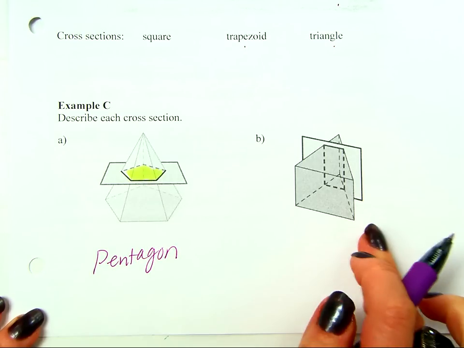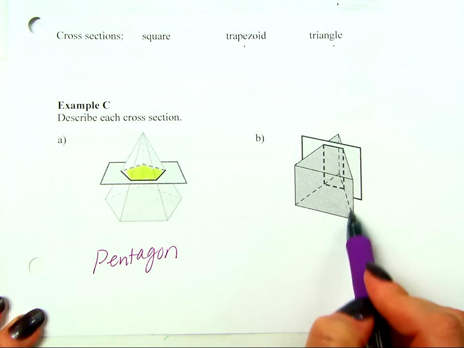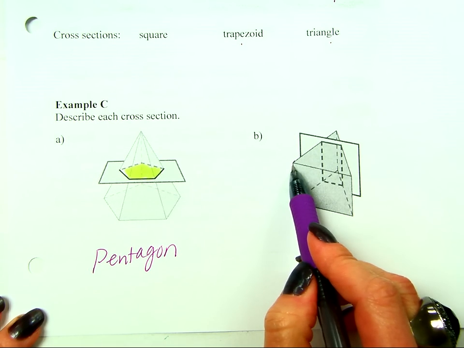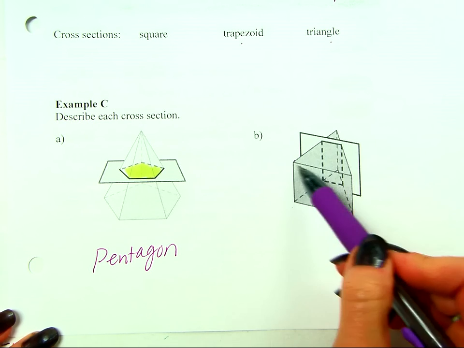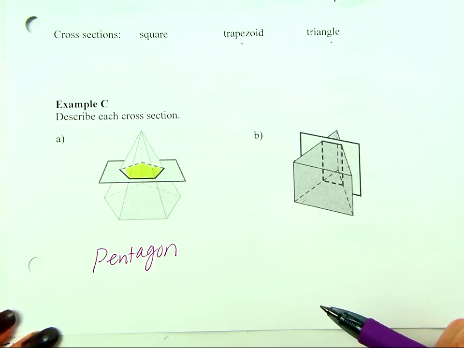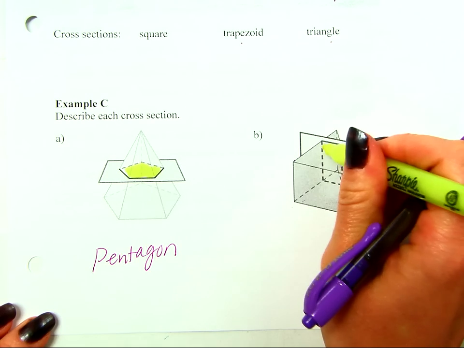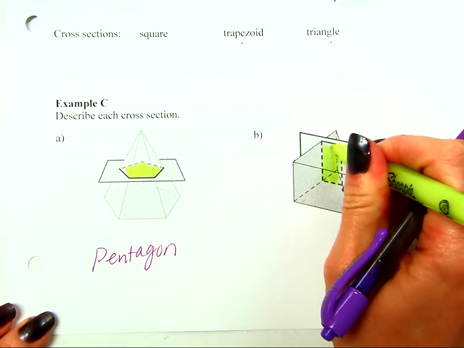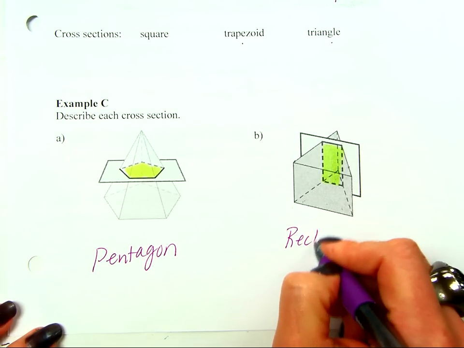Here, if I had to classify this figure, it is a triangular prism because here is the top triangle and the bottom triangle. If I slice it as shown, my cross section in there would be this flat surface and we would have a rectangle.